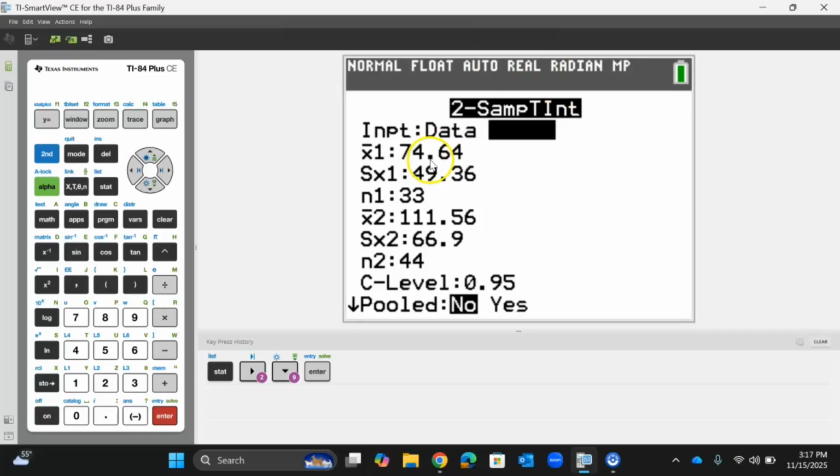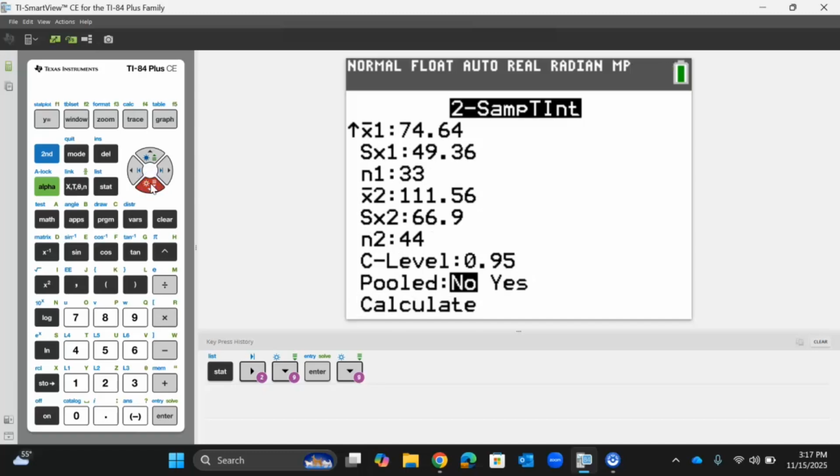So good news is that it did kind of copy and paste everything that we had already done when we were doing our 2-sample t-test. So we've got our sociology info in group 1 and our math and science info in group 2. And we want to do a 95% confidence interval, so I don't have to change that. Again, we don't need to pool any of the data. And then we are going to go ahead and calculate.